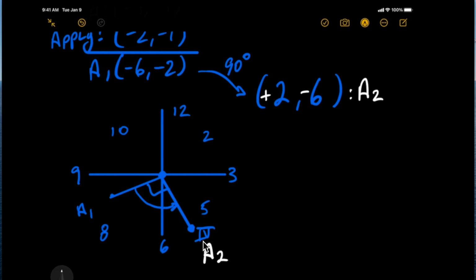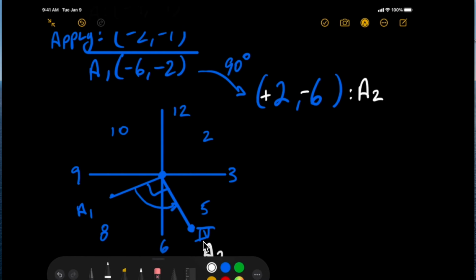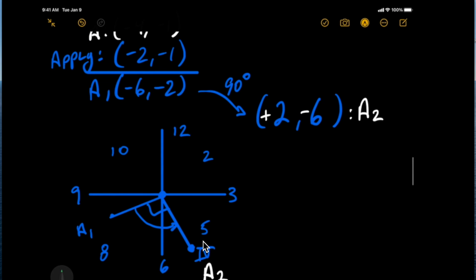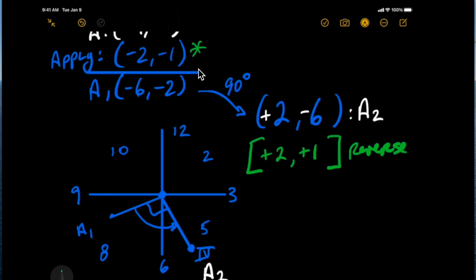Okay, but folks, we are not done yet. We now have A sub 2. Remember when we applied this to the original point to simulate rotation about the origin? We are now going to undo that or reverse it. So this is a reverse of what we applied in blue.